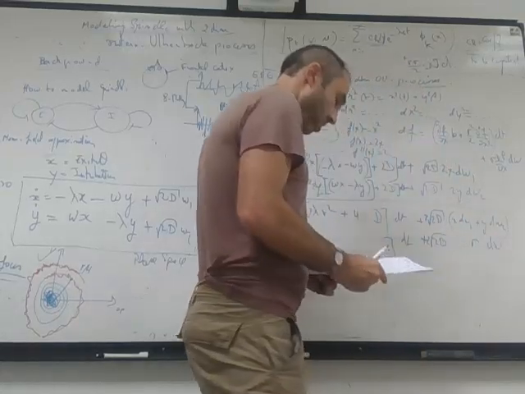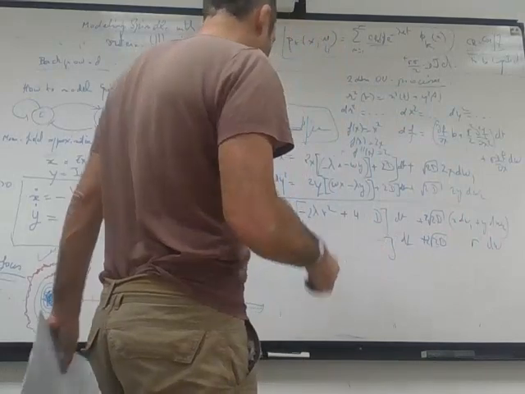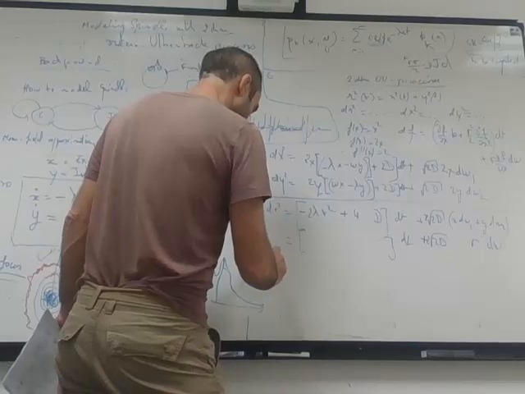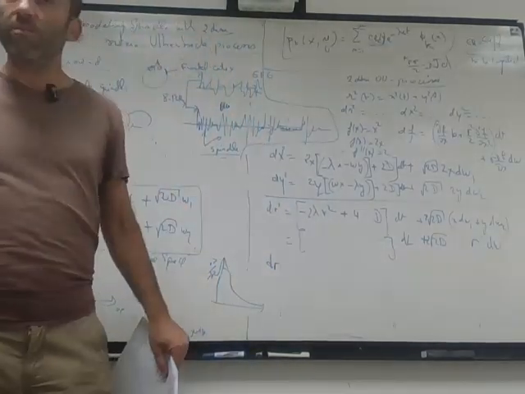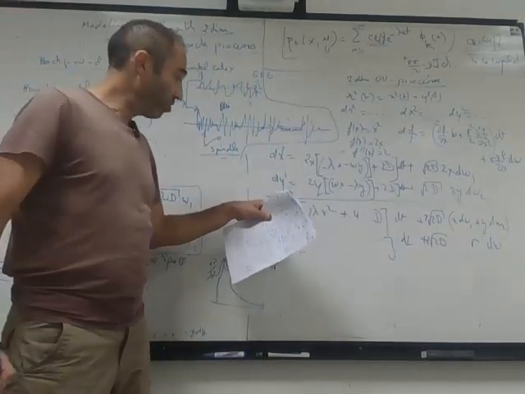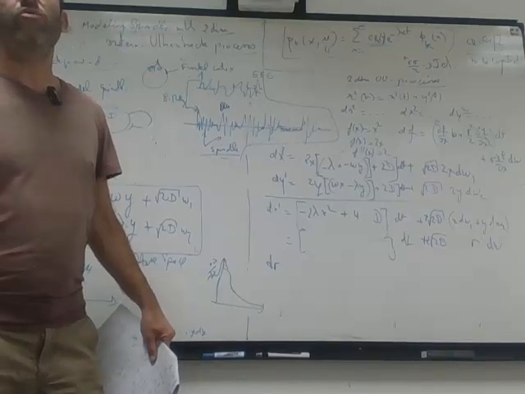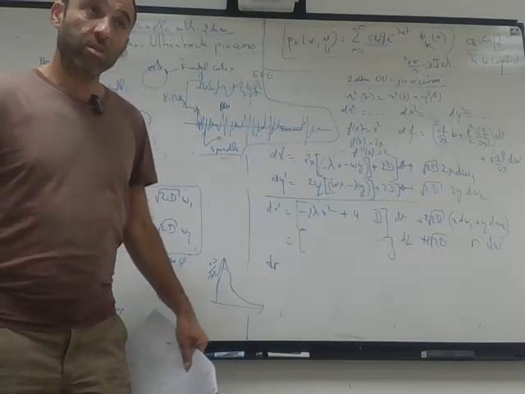Great. So now, okay, and then I'll let you do the rest at home. Now I'm interested not in r squared, but in r. So how am I going to go from r squared to r? We did it once.